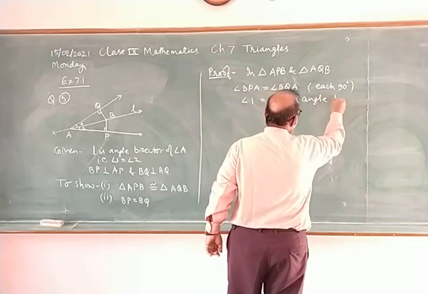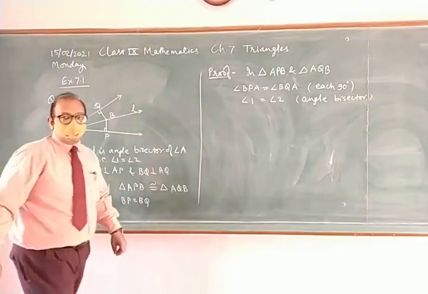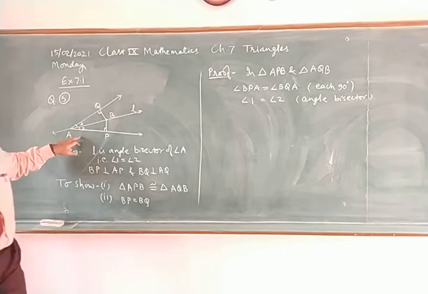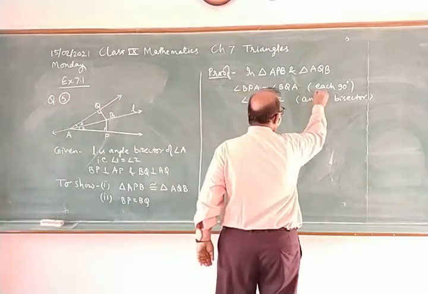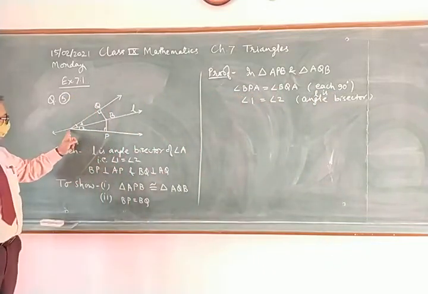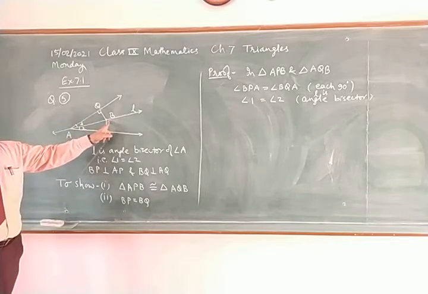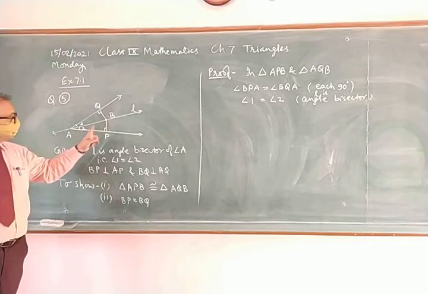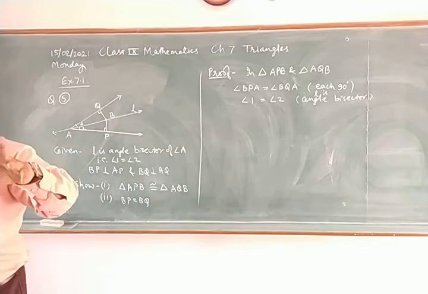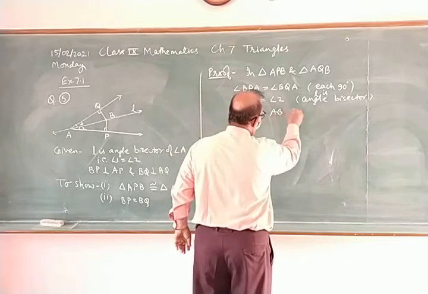Angle bisector. You can write here: L is angle bisector. Now, the third thing, AB is equal to AB. This is the line L. AB is equal to AB, both are common. So AB is equal to AB, common side.